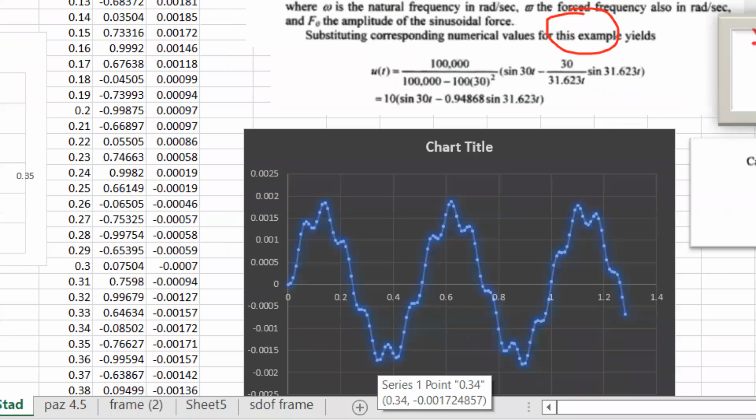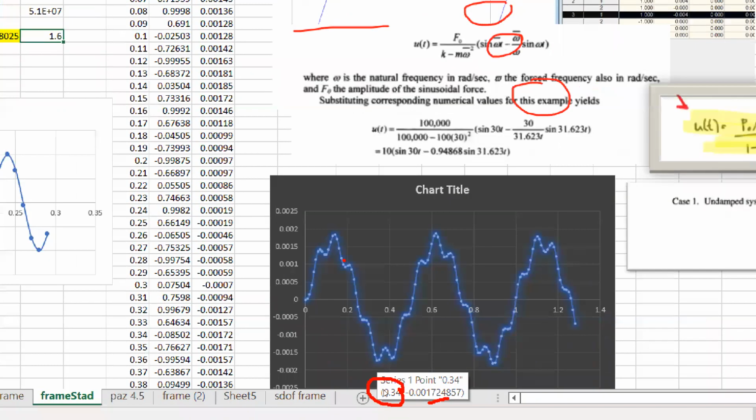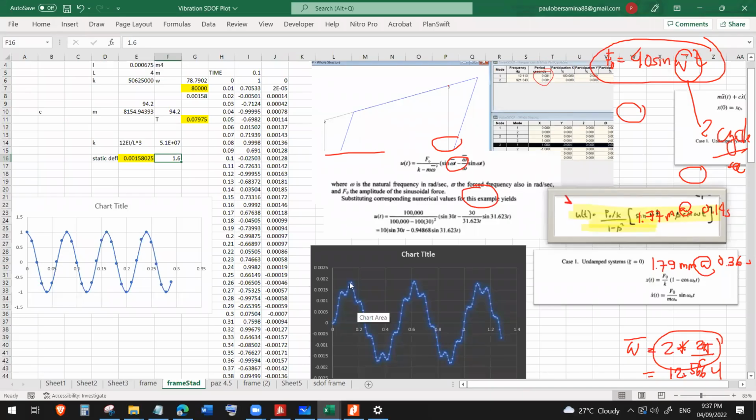Take note of the time: the maximum peak response occurs also at 0.34 and 0.14, which is almost the same with what we got in Staad.